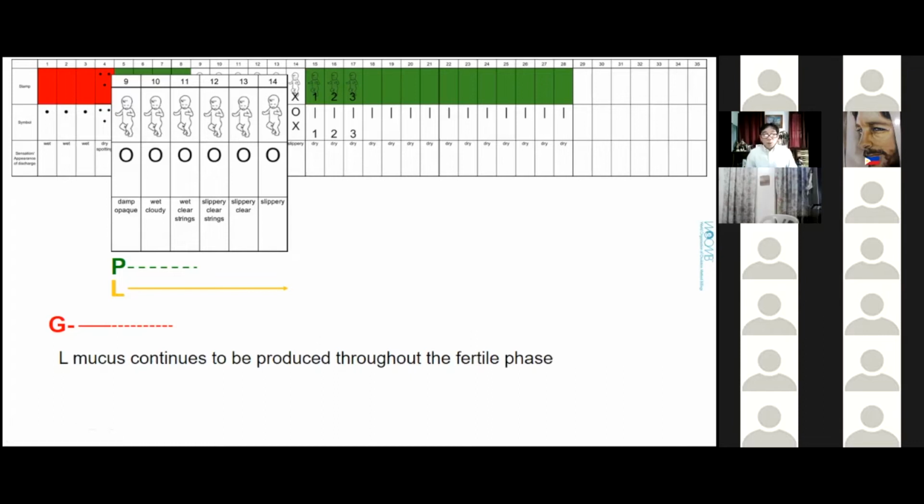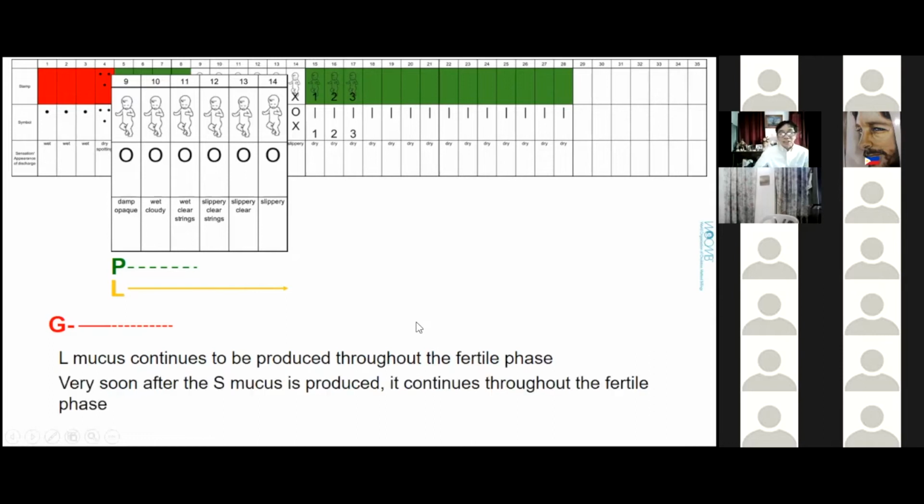Look at the G mucus, it is already a dotted line. The moment there is already mucus, no? There's already the presence of the mucus, which starts on day 9. Look at day 9. G mucus dotted line. G mucus starts to disappear. Cervix is now open.